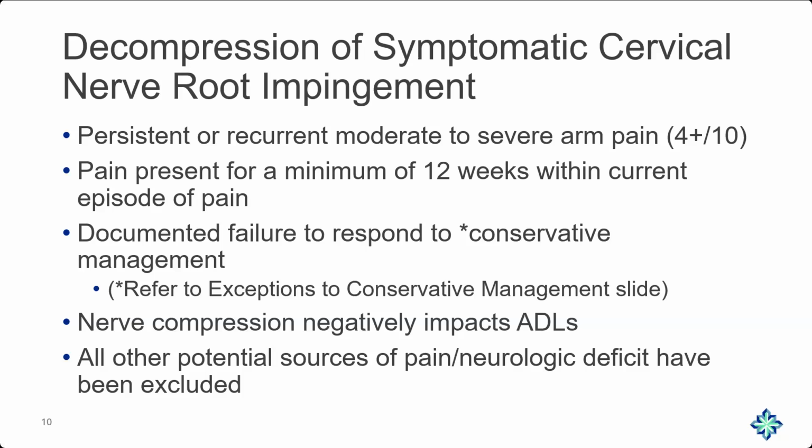And then any or all other potential sources of pain or neurologic deficits that have been excluded. We're going to look to make sure that those types of pains or deficits were excluded or looked into. So again: arm pain, 12 weeks, failed conservative treatment, how it negatively affects the ADLs, and if the pain is something else, that you've identified and ruled all of that out. So this is an all statement.